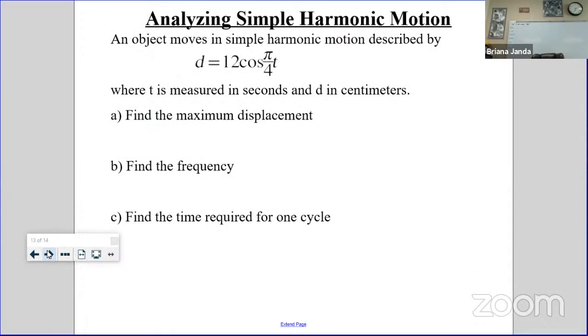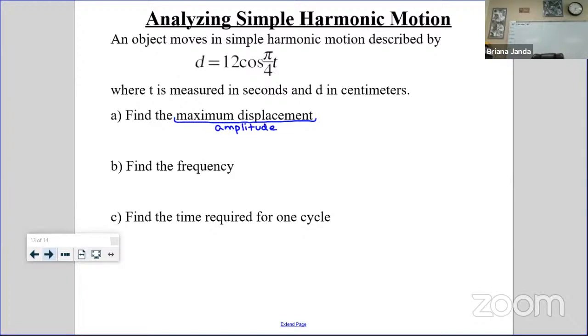All right, last example today is looking at some harmonic motion here. An object in simple harmonic motion described by D equals 12 cosine of pi over 4 t. T is measured in seconds and D is in centimeters. It says find the max displacement. So maximum displacement is what we have previously known as the amplitude.